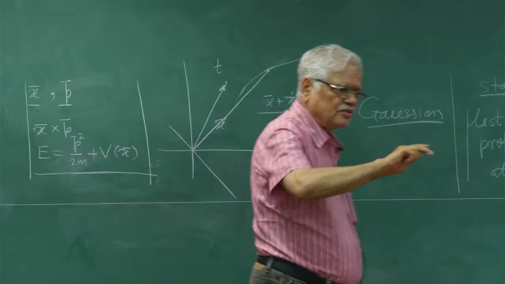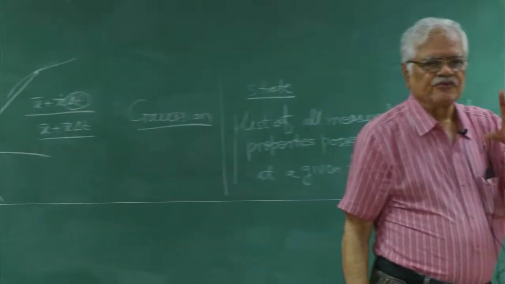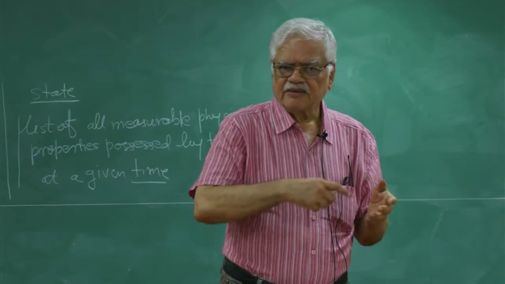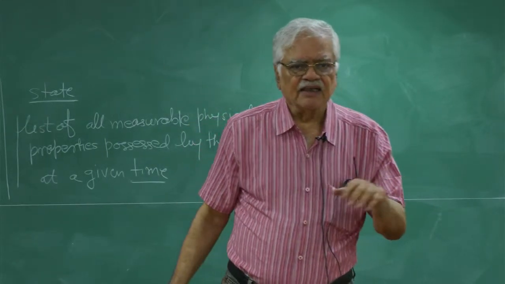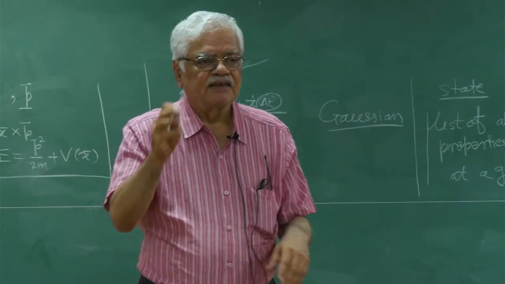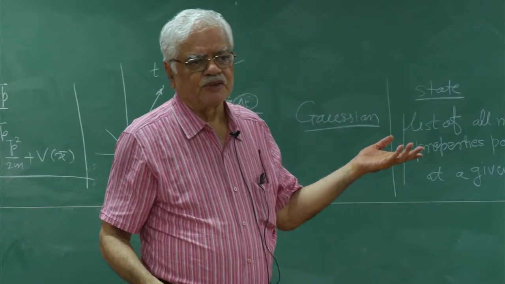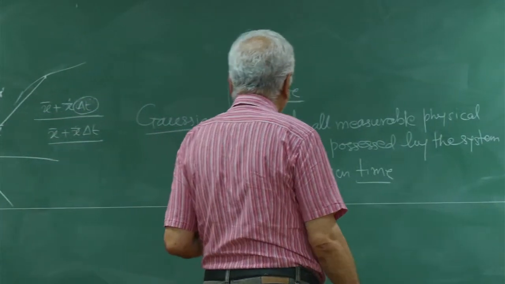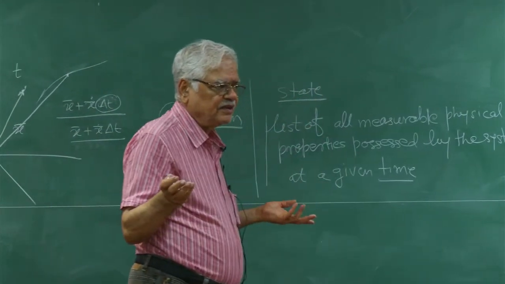So it is if and only if: if you know the values of position and momentum precisely, it is on a continuous path, and if you know that it is on a continuous differentiable path, you precisely know the position and momentum. Is it clear up to now? There is no problem.